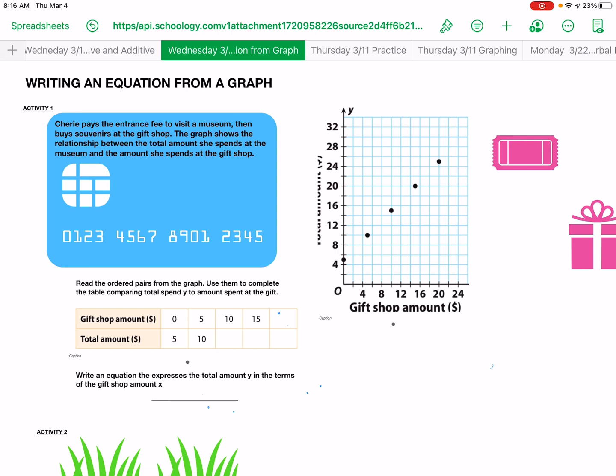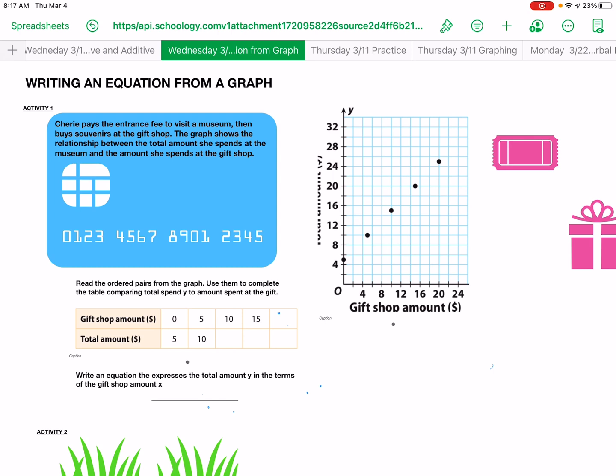So our first activity is Sherry pays the entrance fee to visit a museum, then buys souvenirs at the gift shop. The graph shows the relationship between the total amount she spends at the museum, because she had to pay an entrance fee, and the amount that she spends at the gift shop.